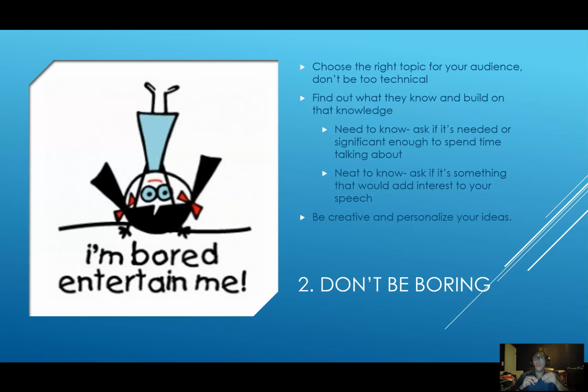But it also means finding out what they know and then building on that information with need to know and nice to know information. Need to know information is the information that is significant enough to spend time talking about it. In other words, if I am talking about Teddy Roosevelt, if I don't know that Teddy Roosevelt was president, then I wouldn't know who Teddy Roosevelt is.